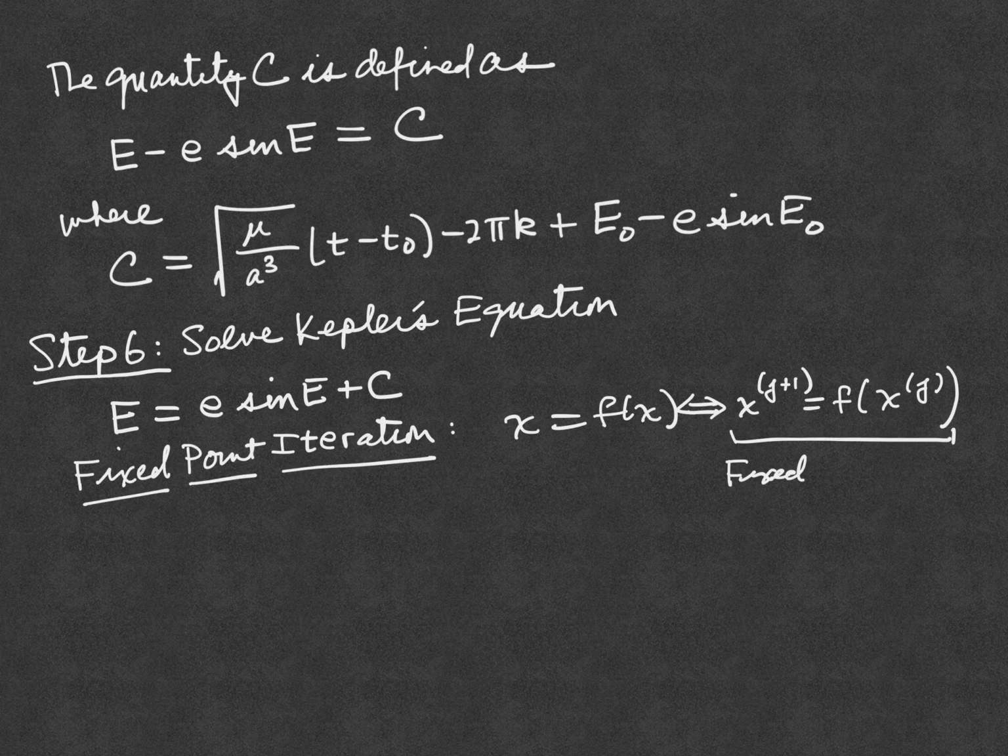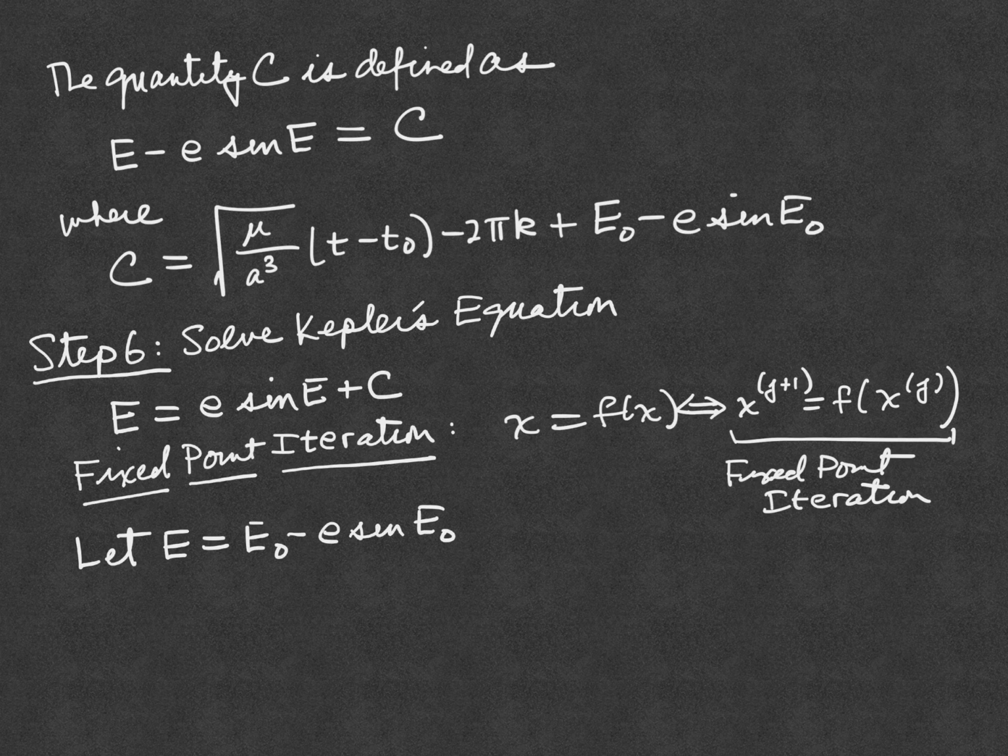But in order to be able to do this fixed point iteration, we need to start with an initial guess. So what we're going to do is say let E equal E0 minus little e times the sine of E0. Now that actually happens to have a name. It's called the mean anomaly, but I'm not going to worry about that here. We may work with it a little bit more later.